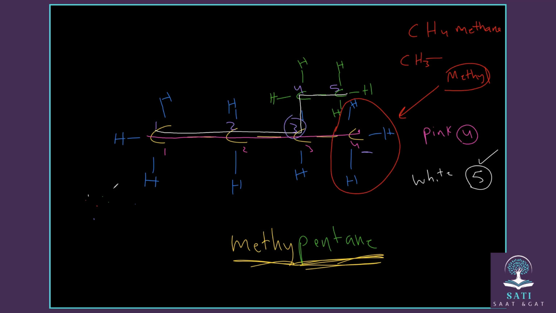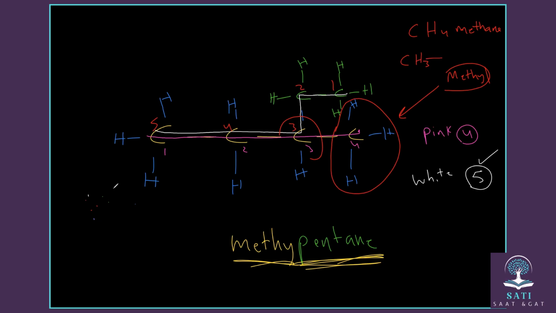To number 3. Okay, this is one idea. Can I number it in another way? Yes. The goal in numbering is to get the least number for the carbon atom that this alkyl is attached to. If I number it from here, 1, 2, 3, 4, 5, the methyl is still on number 3.